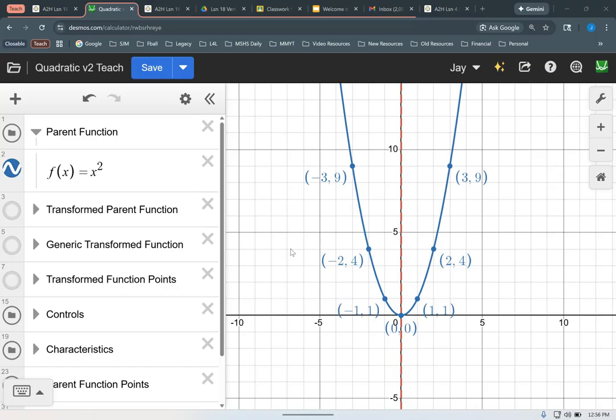Okay, what you see before you up here on the screen is the parent function that we just drew on our notes. You can see it right there, right? (1, 1), (2, 4), (3, 9). Okay? It's a parabola. It's got the left 1 up 1, left 2 up 4, left 3 up 9, like that. Okay? Now, what we're going to begin talking about today is something called a transformed function, right?